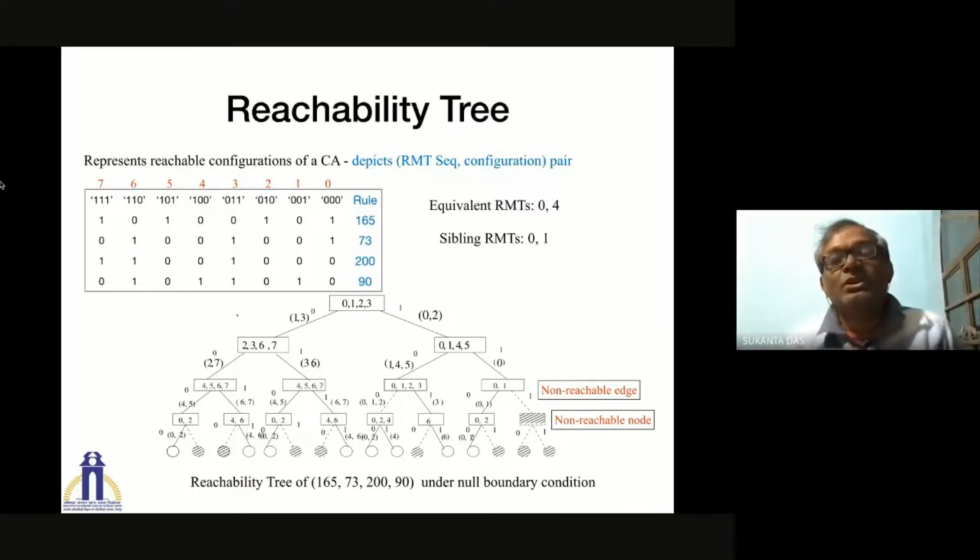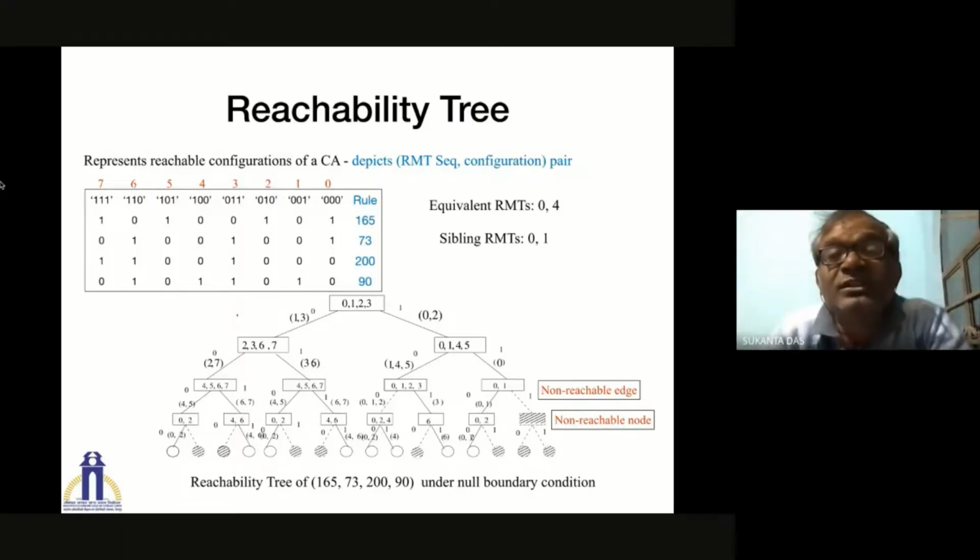So we call them equivalent RMTs. Although these are not of much use here, they'll be used in later classes. So RMTs are classified in this way: sibling RMTs and equivalent RMTs.